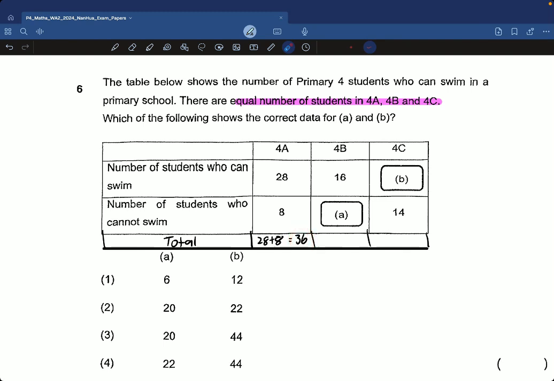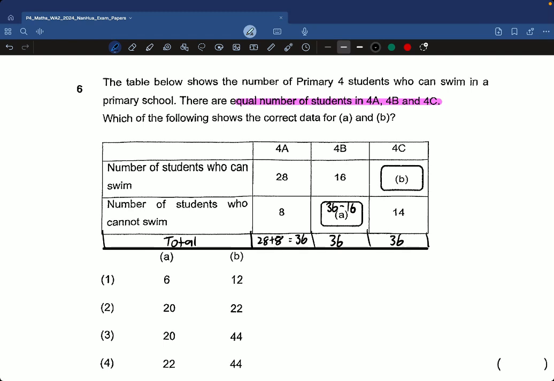So that means all the totals are 36, and from the total we can get each individual row over here. For 4B, the number of students who cannot swim is 36 total minus 16, because we have 16 over here.